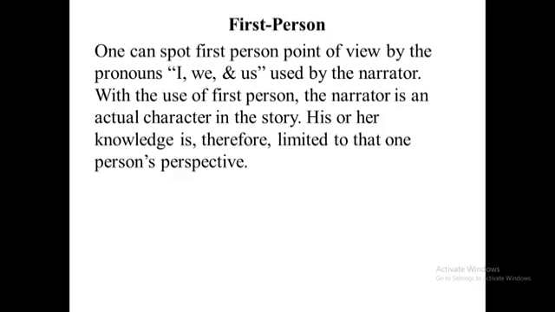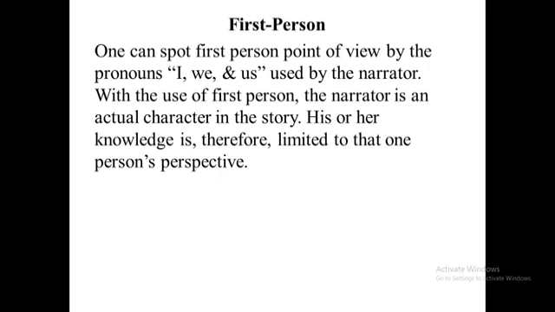First of all, very important, first person. One can spot first person point of view by the pronouns I, we, us used by the narrator. Basically, as it's part of grammar, we have all gone through first person, second person, third person.